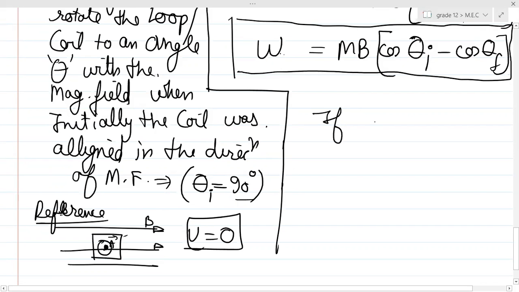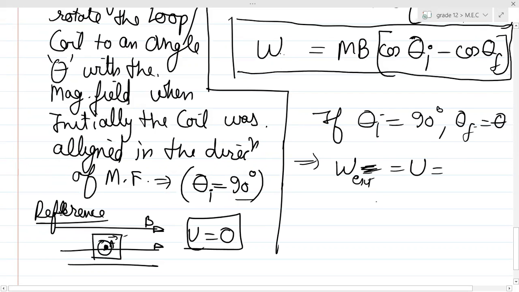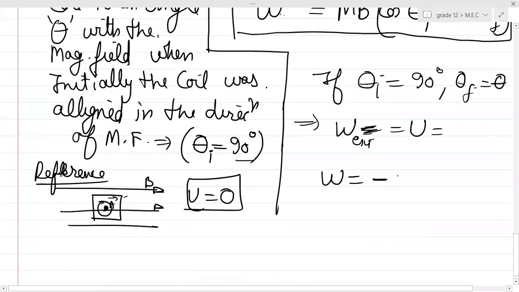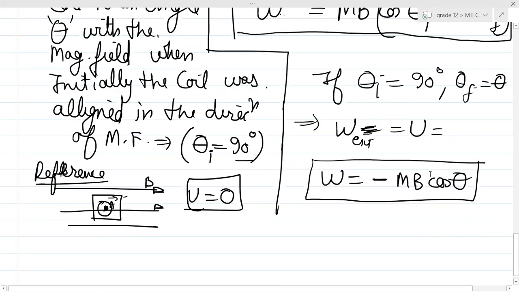Please remember this is one formula, and if theta i is equal to 90, then W will be equal to the potential energy. Please write it down.